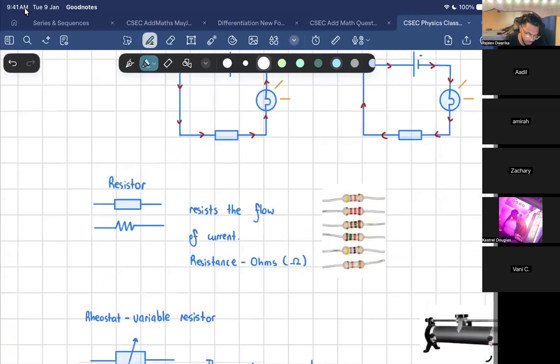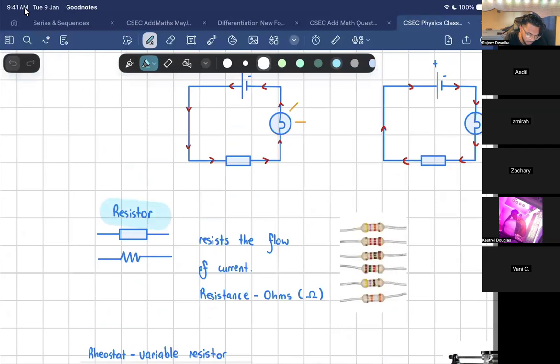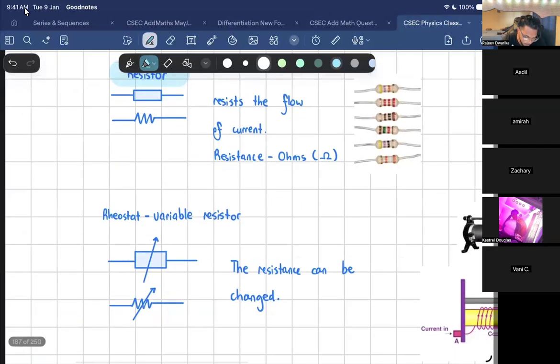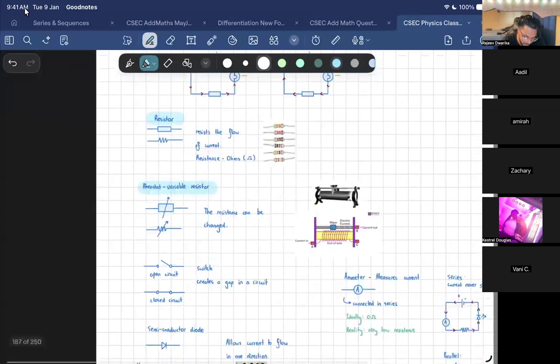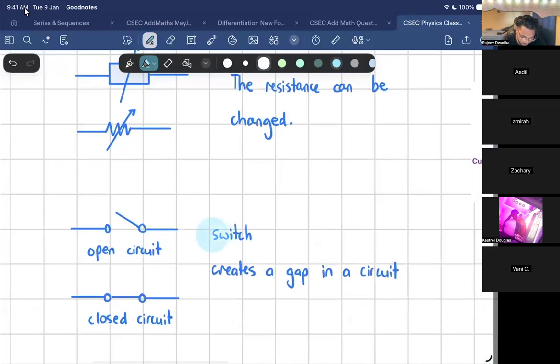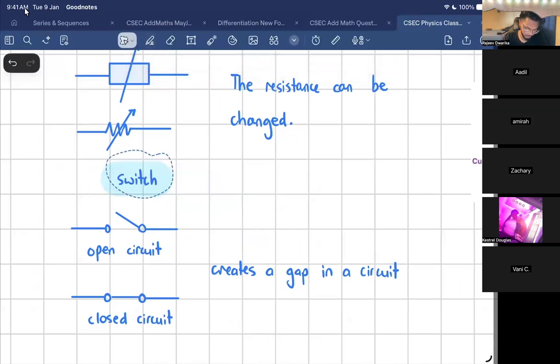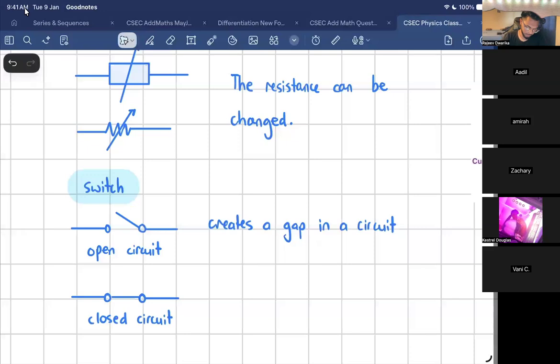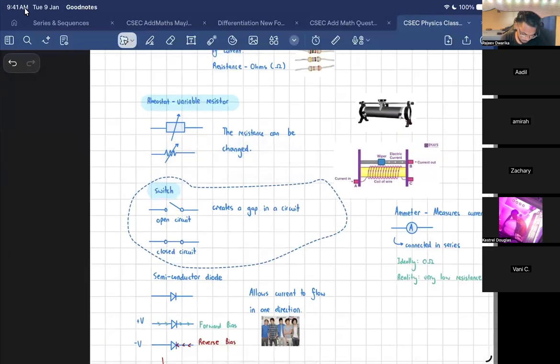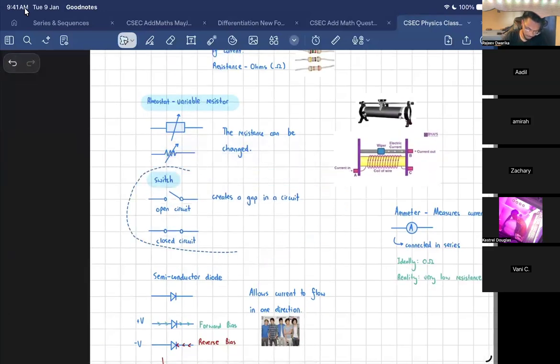I prefer this as opposed to just making you copy everything down. Yeah or nah? Yes, sir, 100%.